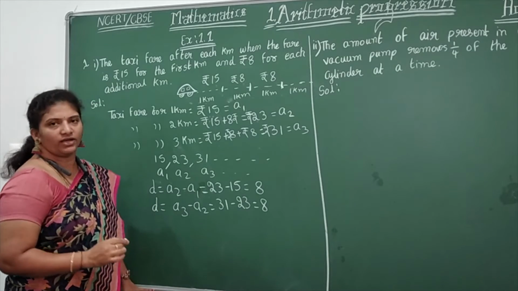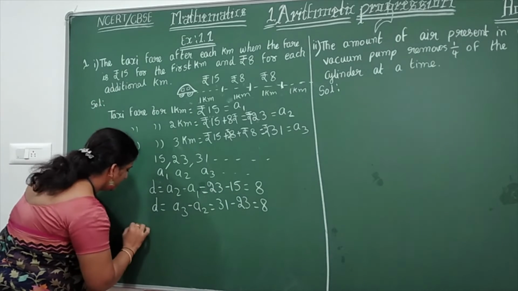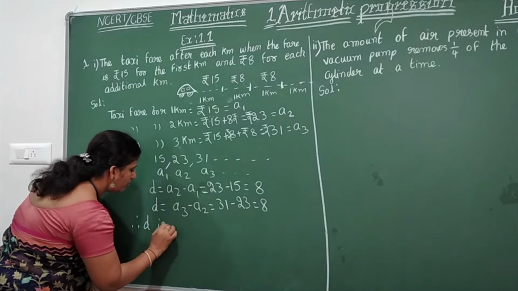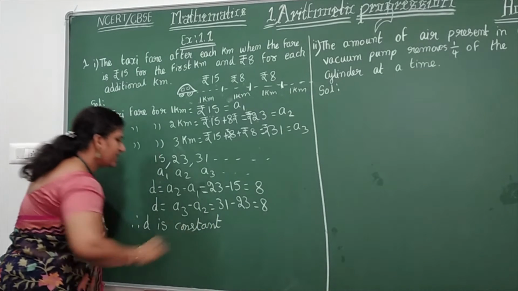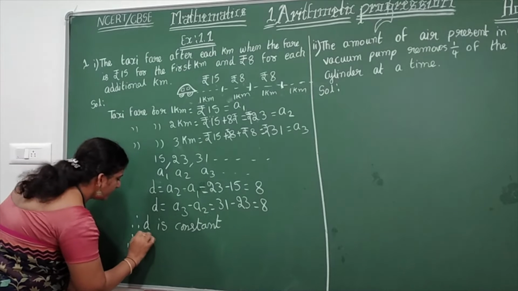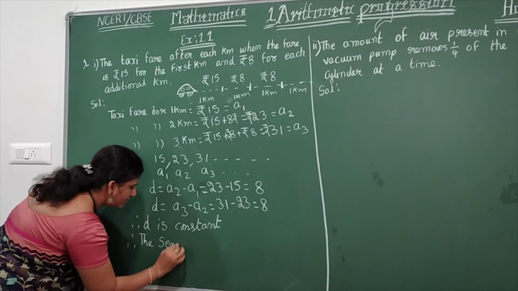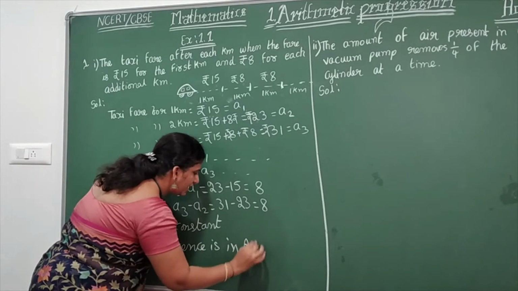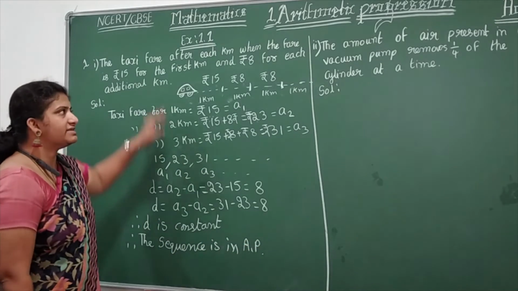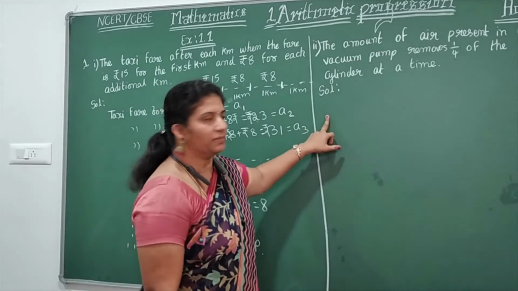So finally what you can say: therefore the common difference is constant, or having the same value. Therefore the given list of numbers, or the sequence, is in arithmetic progression. So understand the problem carefully, children. Let's go to the next problem here.